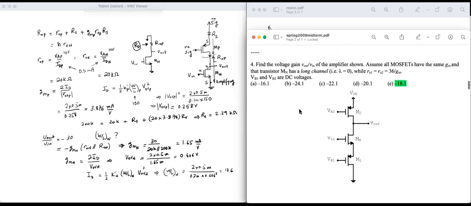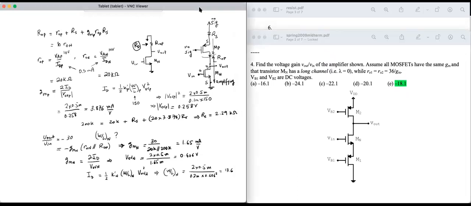Find the voltage gain V out over V in of the amplifier shown. Okay, amplifier with 3 MOSFETs.